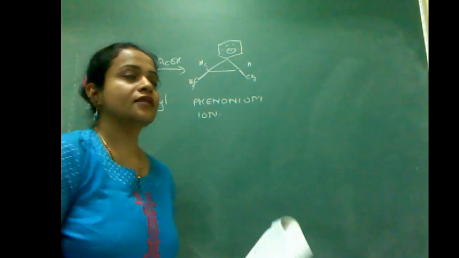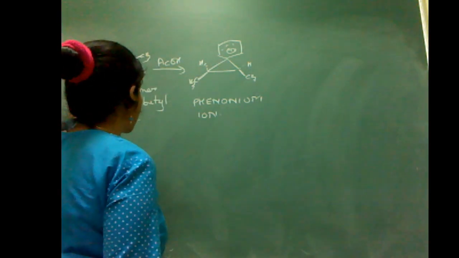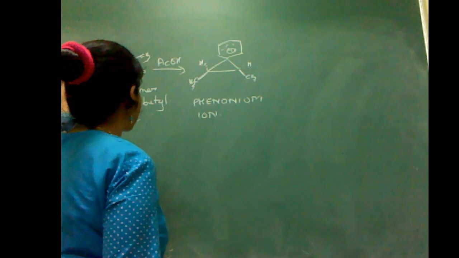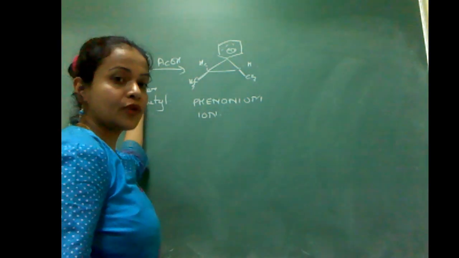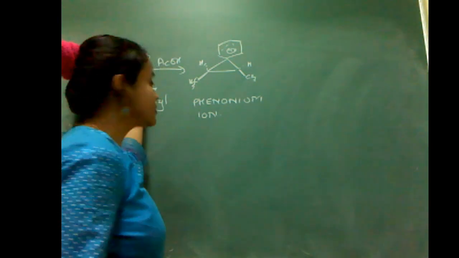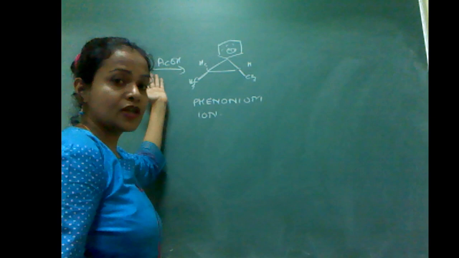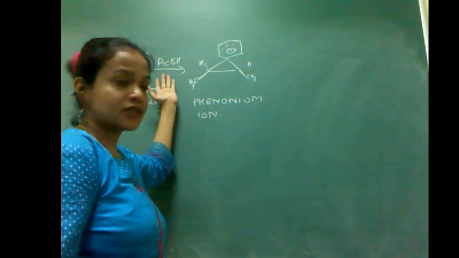Once you have this intermediate, you need to understand whether it is symmetric or unsymmetric in nature. From the viewpoint of the substrate, you can view the molecule from the left hand side or from the right hand side. When viewing from the right hand side, the methyl groups are coming towards the observer.